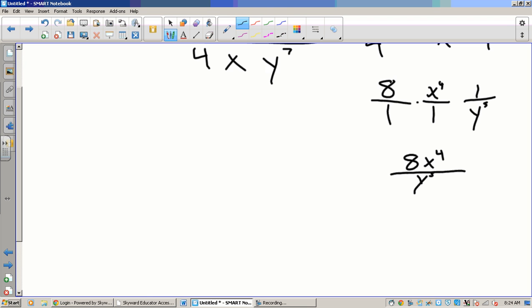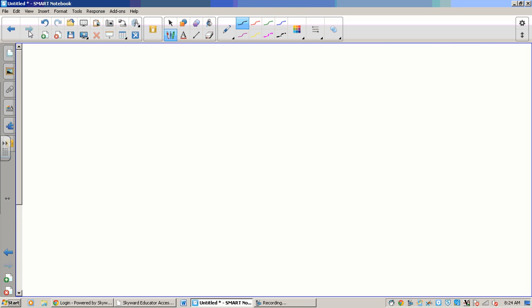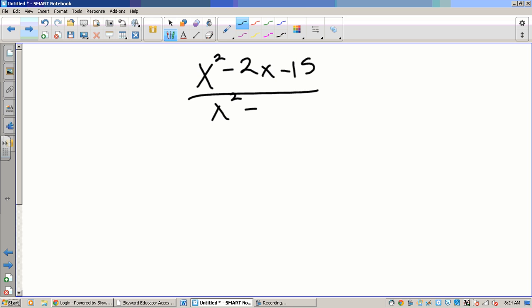All right, where am I going with this? That's that type of problem. Finally, we have expressions that involve polynomials. So if I have x squared minus 2x minus 15 over x squared minus x minus 12.